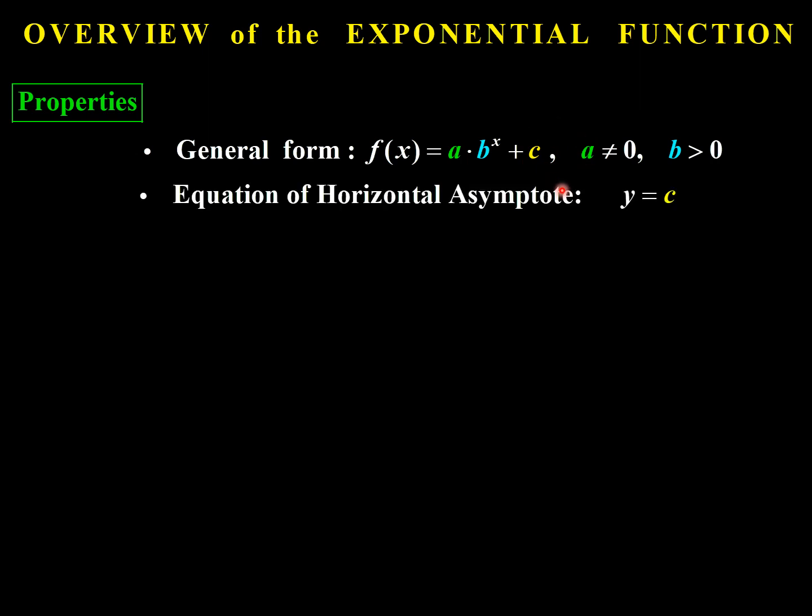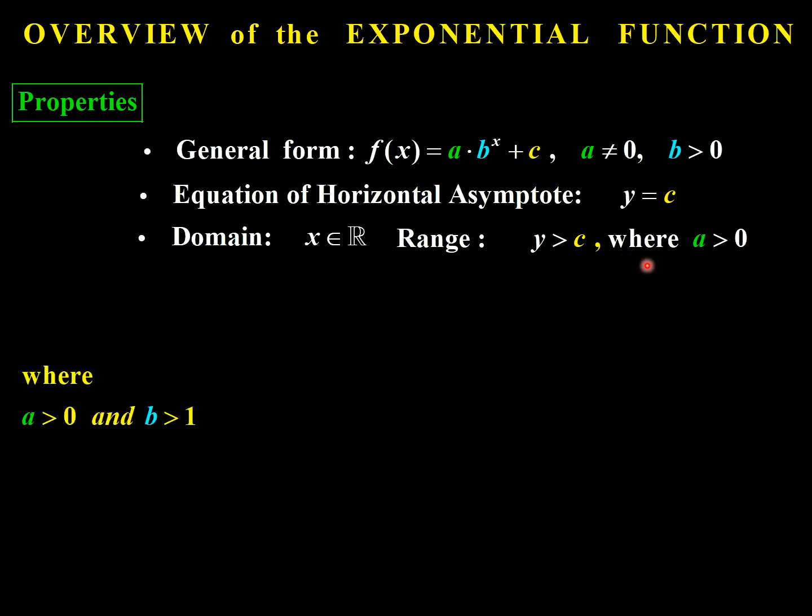So y equal to c gives us the asymptote. The domain of an exponential function is always x, an element of the real numbers. And the range will depend on the asymptote and also on the value of a. In this case, if a is positive, the range will be y greater than c.